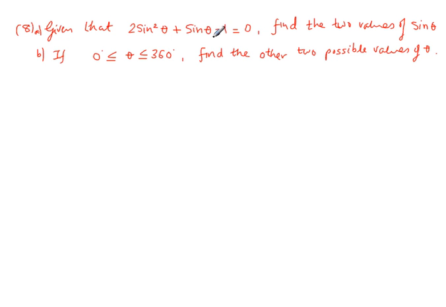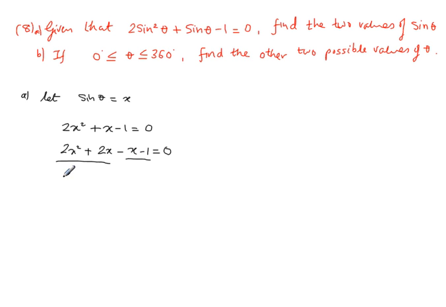Now, given that this is equal to 0, find 2 possible values of sine theta. This is clearly a quadratic. So you can assume that sine theta is some x. So this equation becomes 2x squared plus x minus 1 is equal to 0. Factorize it. I'm assuming you people know the quadratic equation. If you don't, go back to my earlier videos, see how quadratic equations are solved.